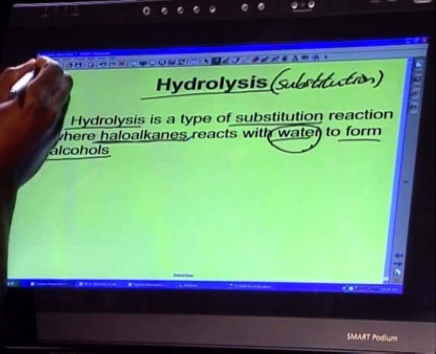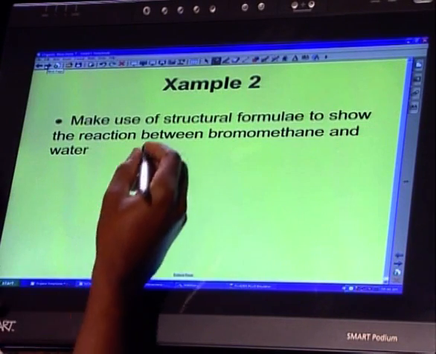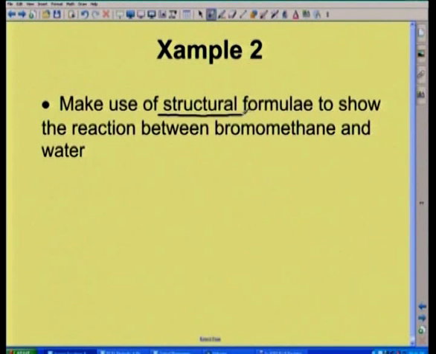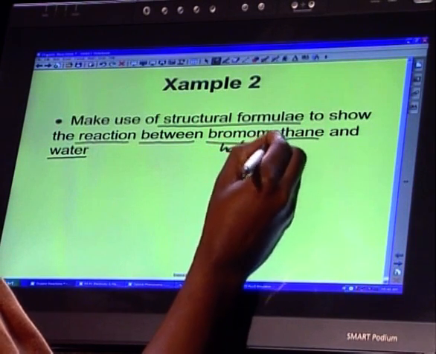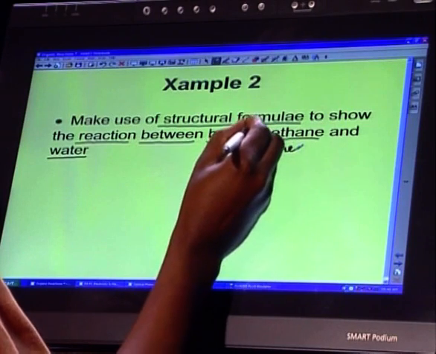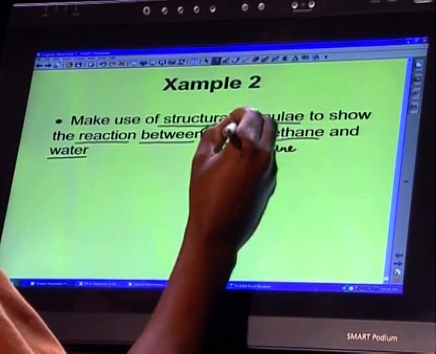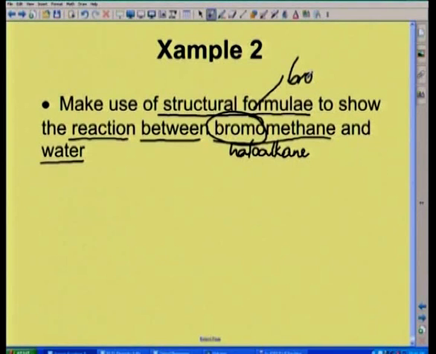How is this done, or how does it happen? Make use of structural formulae to show the reaction between bromomethane and water. Now, bromomethane would be a haloalkane. Why haloalkane? Because it has got this bromo component from bromine. Bromine is an element from the halogen group.